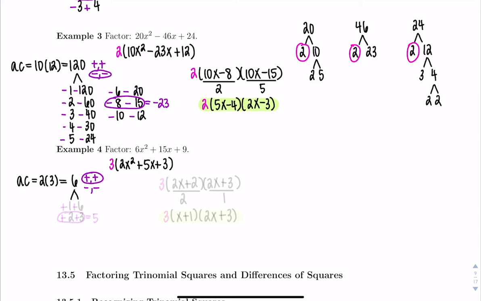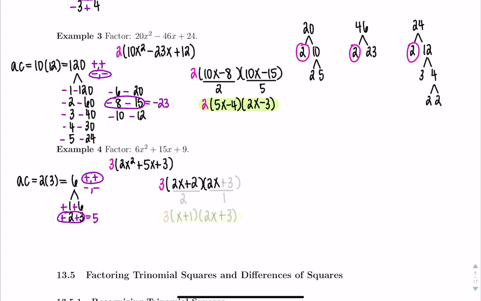Our factors of 6 are 1 and 6, and 2 and 3. And so the 2 and the 3 is going to get me to 5. And so the 2 gets brought down into both sets of parentheses and the x gets split.